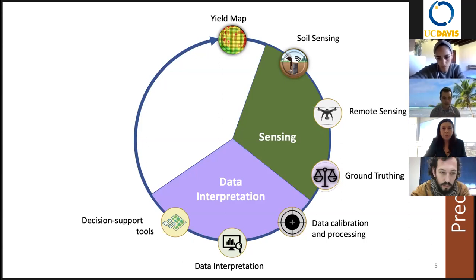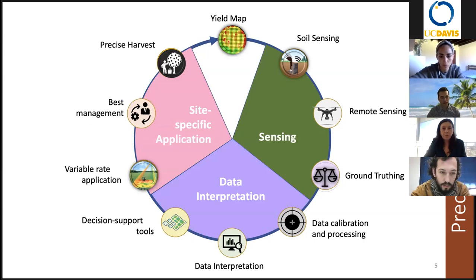If we don't do this in an accurate way, that will lead to some misguiding insight that not only wouldn't improve the productivity, it will have a negative impact. So we need to make sure that we have some accurate interpretation models that can convert the data that we collect from the field into some actionable, practical knowledge that would be actually beneficial for the growers. I will explain how we would do that.